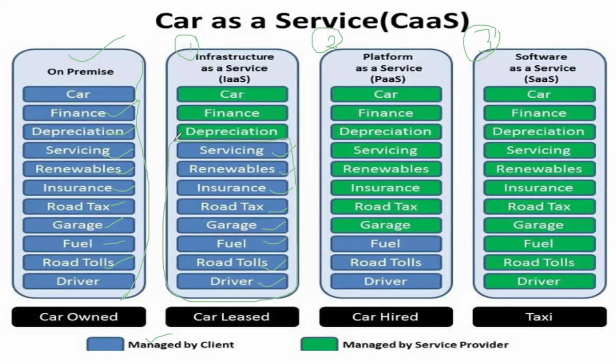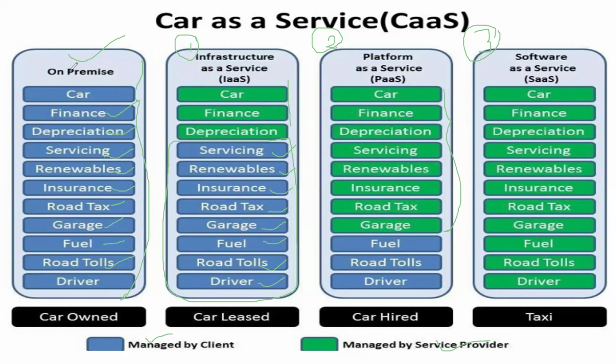Car on lease comes under the cloud delivery model, infrastructure as a service. If you look up to this mark, we'll see that up to this mark it is managed by the providers.